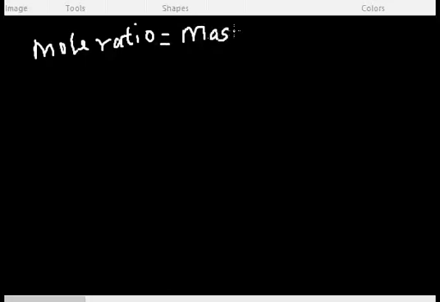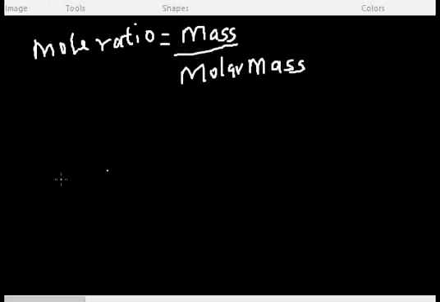So for you to get the mole ratio of each of the elements in that compound, you can do mass, if the mass was given, divide mass by molar mass, okay? Mass all over molar mass. So this will actually help you to get the number of moles of one and the number of moles of the other. So in that case, that becomes the mole ratio.